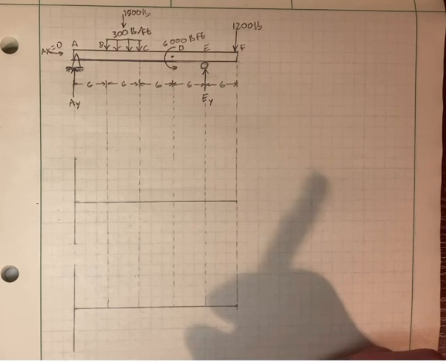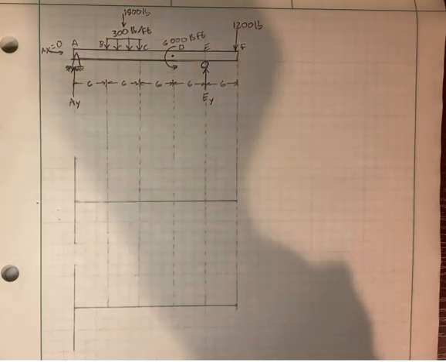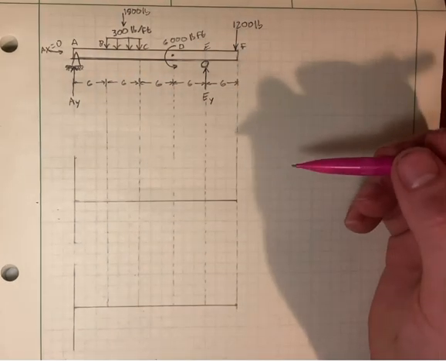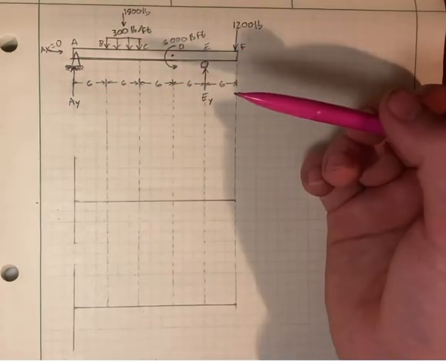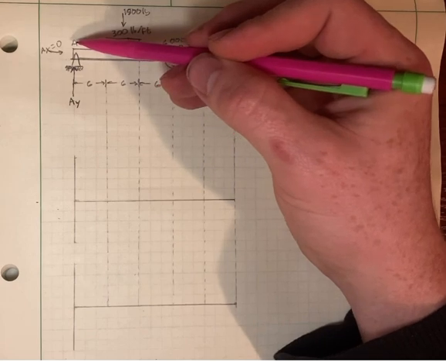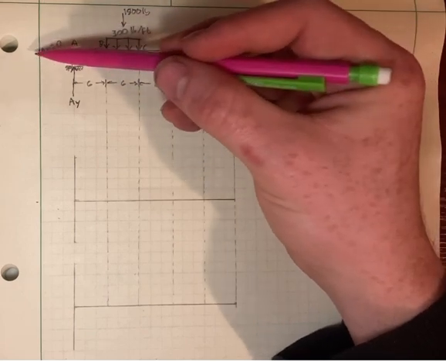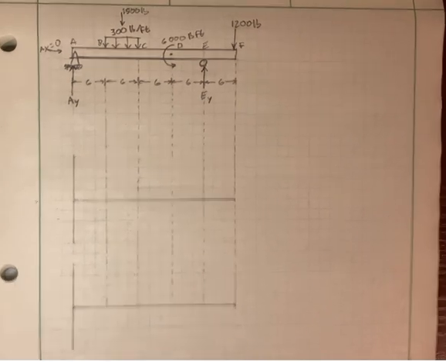Great. I think we have everything we need to sum the moments, so let's go ahead and do that. Where are we going to sum the moments? I want to sum them about A, because they cancel out: get rid of this force, don't gotta calculate it. It gets rid of the X force too. We already know it's 0, but still, it gets rid of it.